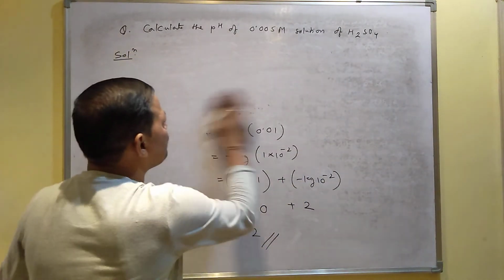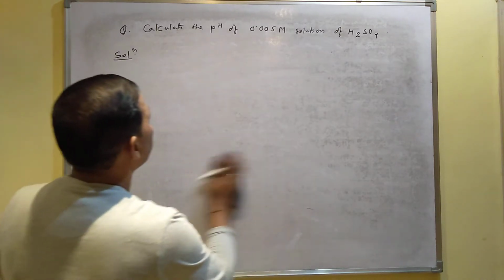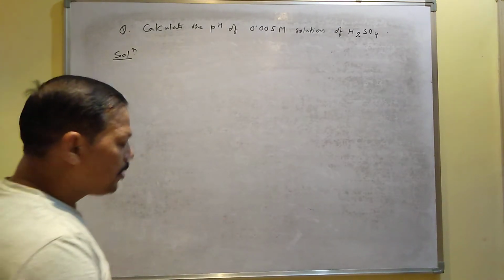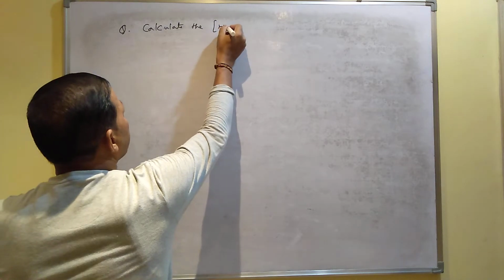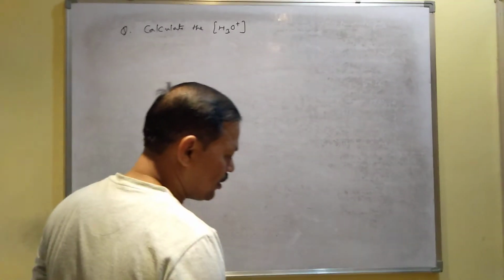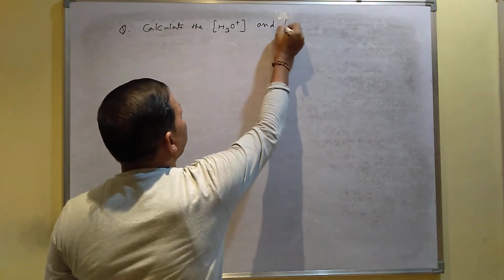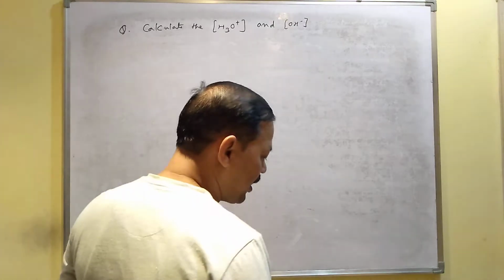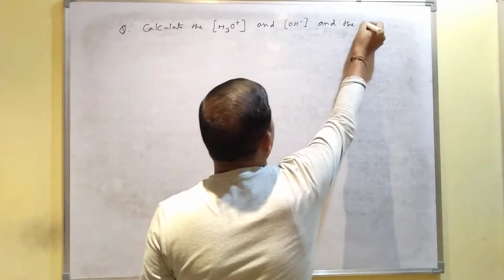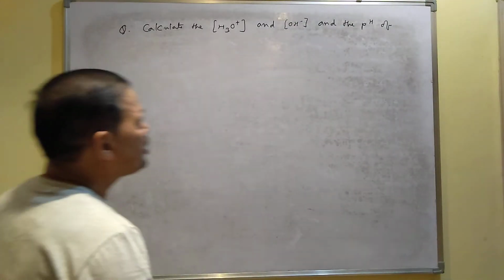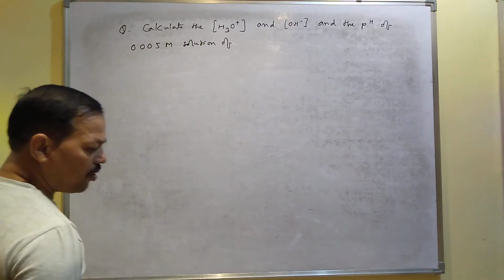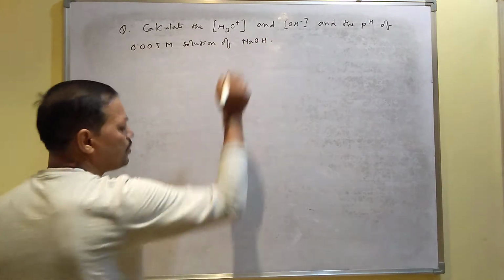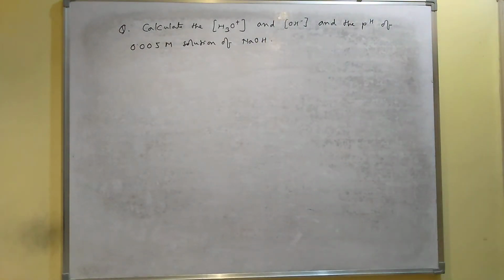For example, if the question is given like this: calculate the concentration of hydronium ion and OH minus ion and the pH of 0.005 molar solution of sodium hydroxide.